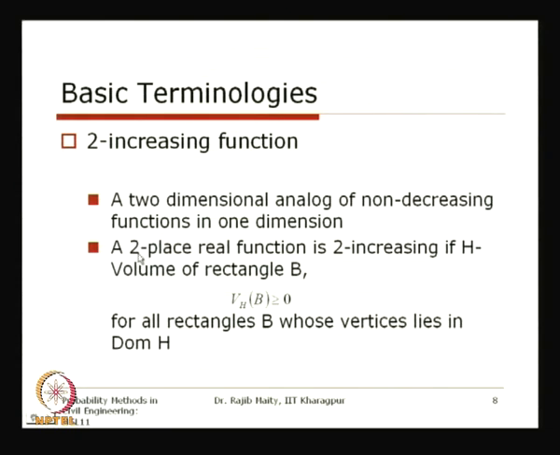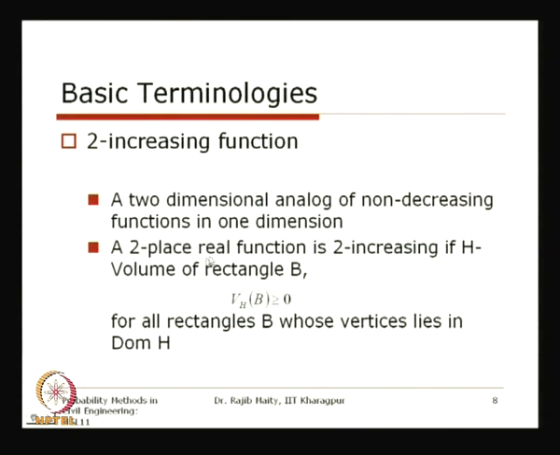Now a 2-place real function is 2-increasing if H volume of the rectangle B is greater than or equal to 0. So again here we have got 2 new terminologies.